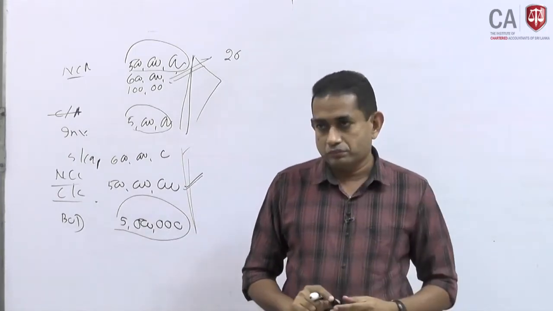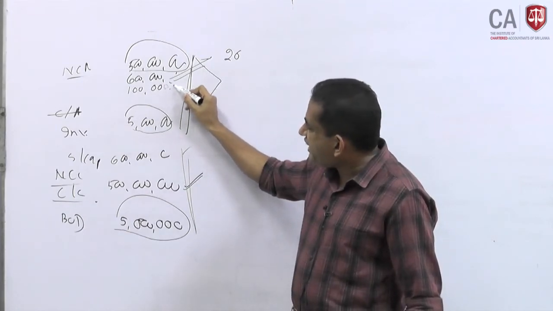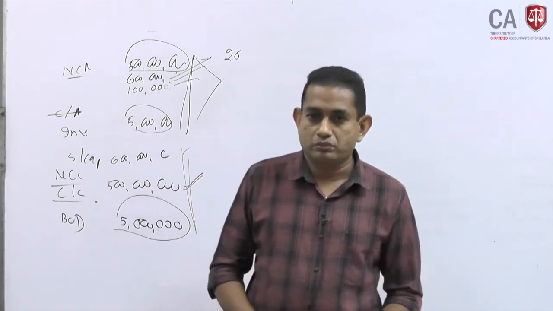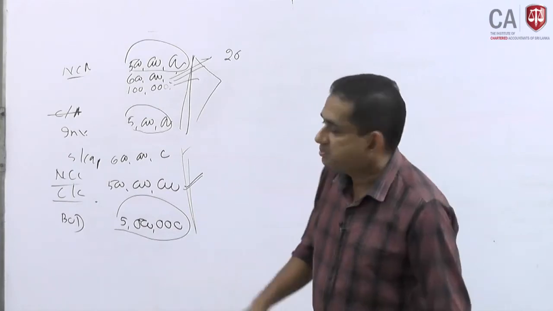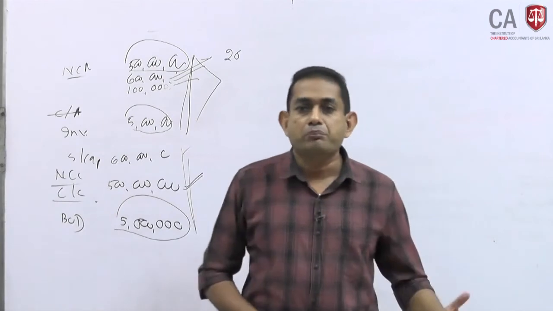And if you decide to credit this 100 million to profit and loss under the revenue approach, this particular relationship will be broken.